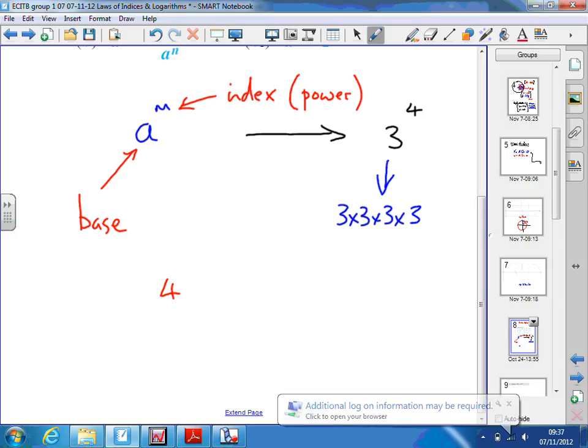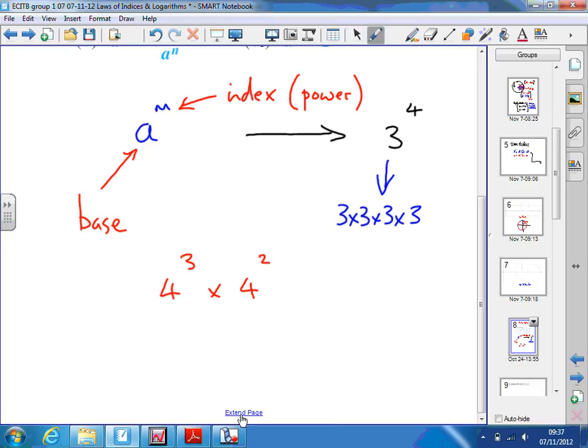If I write 4 to the power 3 multiplied by 4 to the power 2, if you think about what this actually means, it means 4 times 4 times 4, times 4 times 4. So in other words, I've got 4 to the power 5.